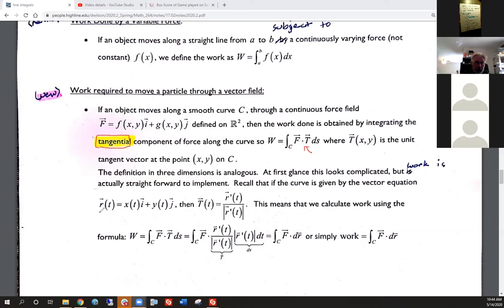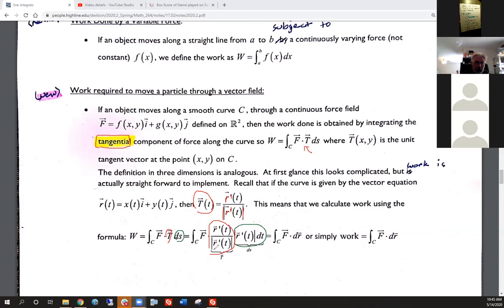So recall that you have r equals x i plus y j. Then you find the unit tangent vector by finding r prime divided by the magnitude of r prime. At first glance, things seem to get more complicated. Here's your work equals F dot T ds, and we replace the T with r prime over magnitude of r prime, and the ds with our formula for ds, which was magnitude of r prime dt.